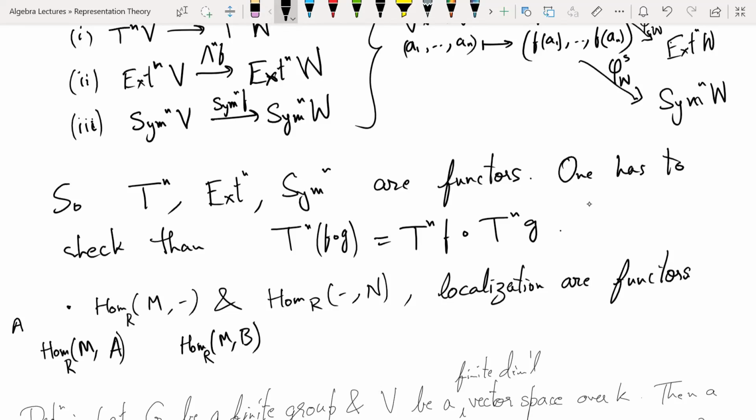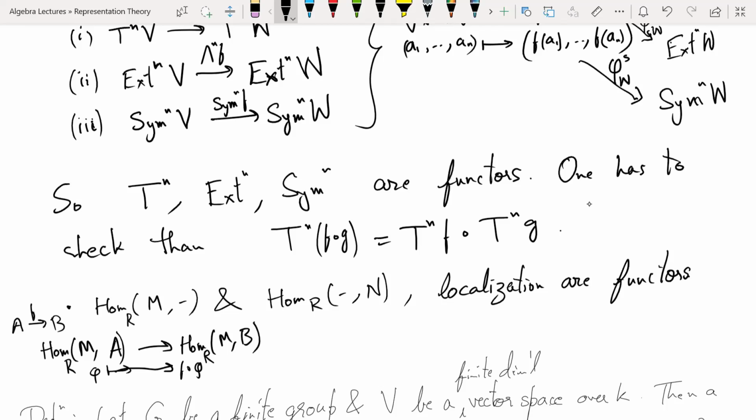If you have an R-linear map from A to B, and if you have a map from M to A, then you compose it with this and you get a map from M to B. So let's call this map F, then phi going to phi followed by F gives you a map from Hom(M, A) to Hom(M, B). So this is a functor.